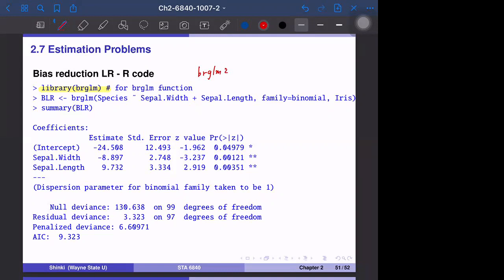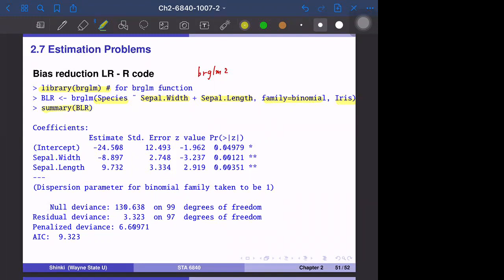But for now we use the brglm package and fit the species, either setosa or versicolor, on sepal width and sepal length, with family binomial. Capital iris is the iris data except for virginica, so 100 observations. Then we get the summary.